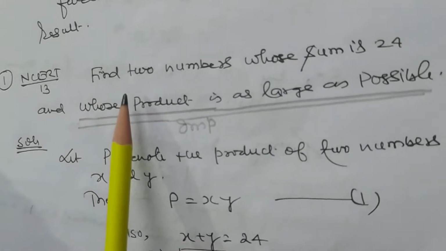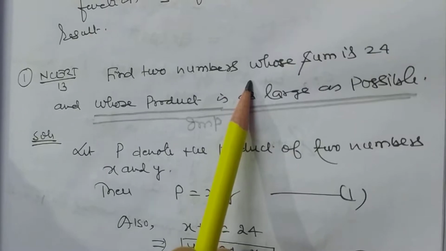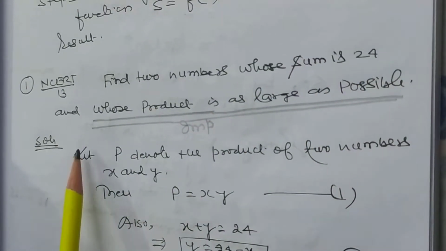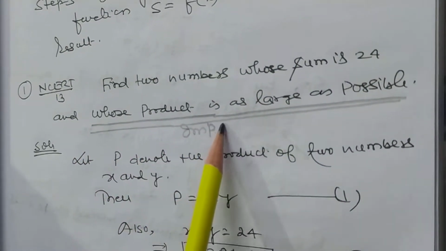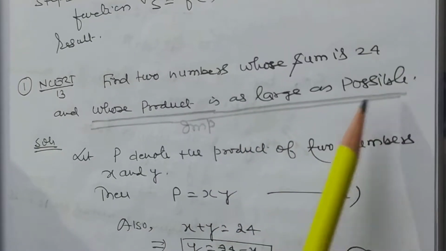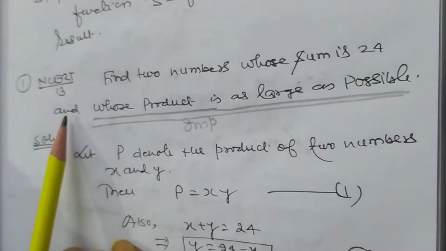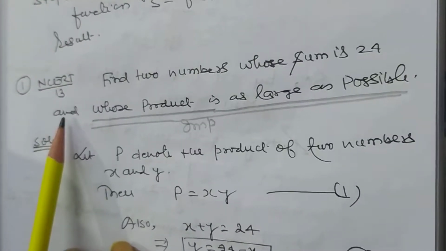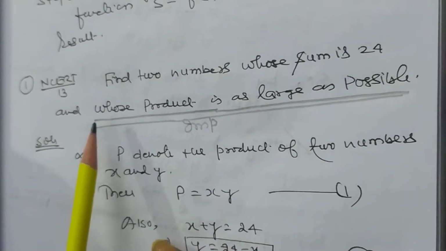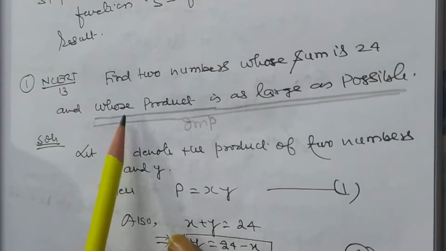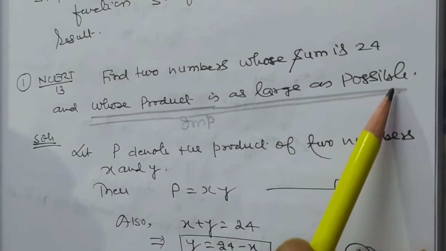Here there is a problem: find two numbers whose sum is 24 and whose product is as large as possible. What is given in this problem? The sum of two numbers is 24 and the product is as large as possible.